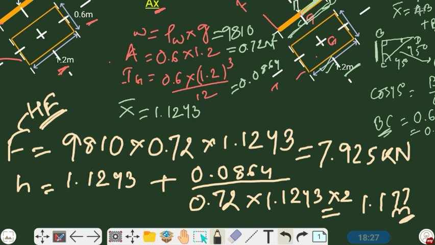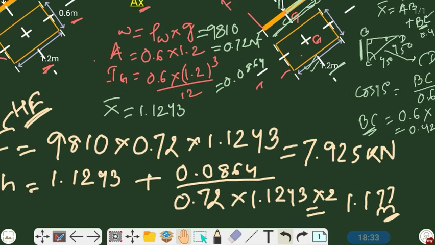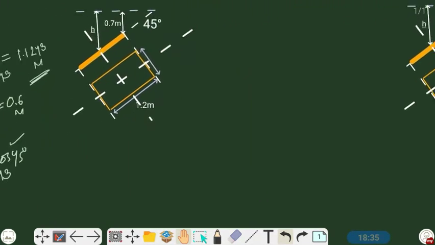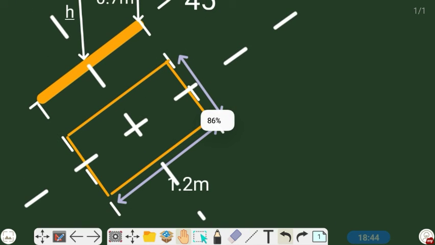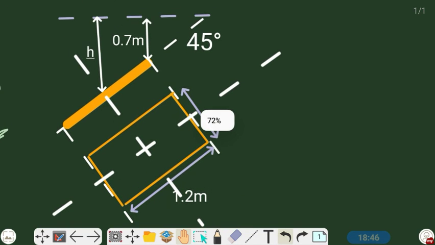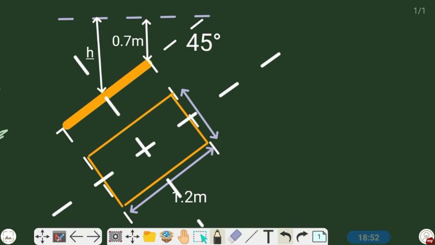Let's show the values in a figure so that we can easily grasp the concept that I have said today. Again I have made a mistake, this is not H, this is our x bar.